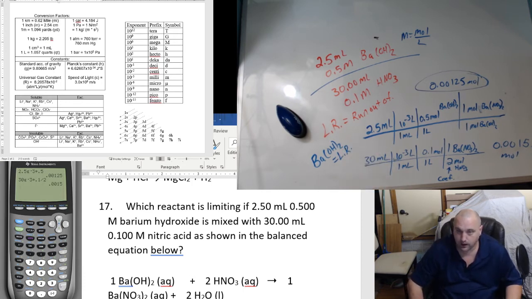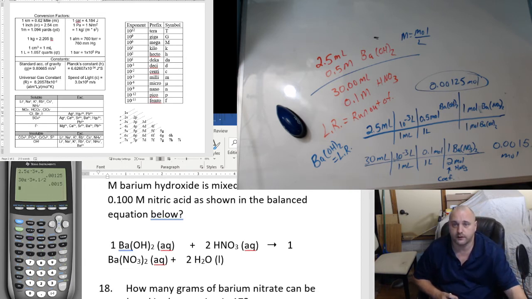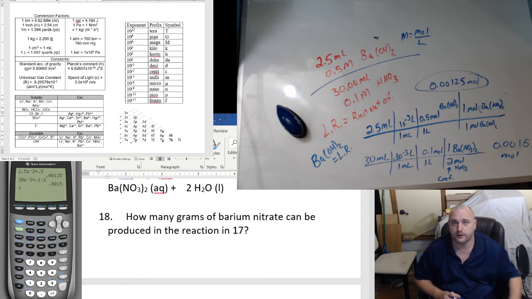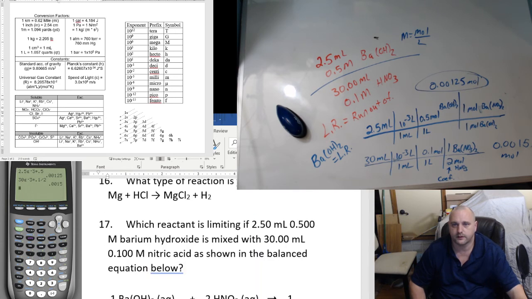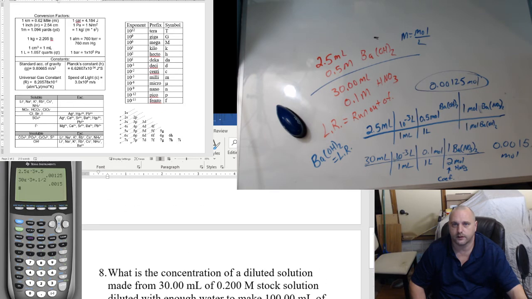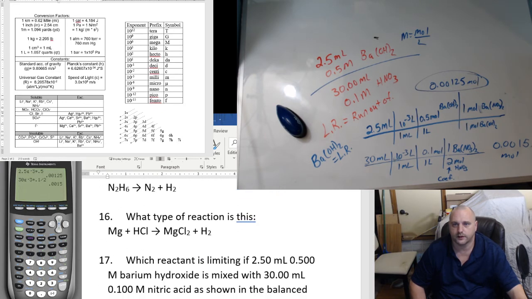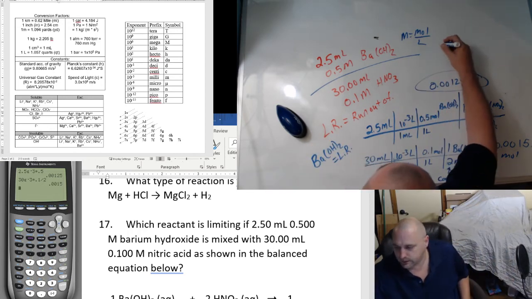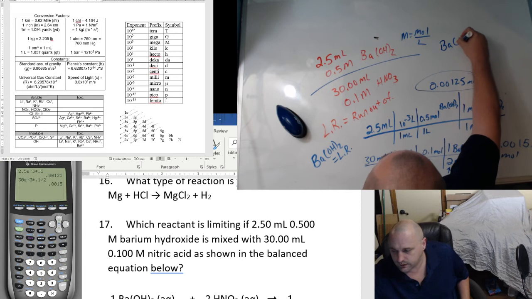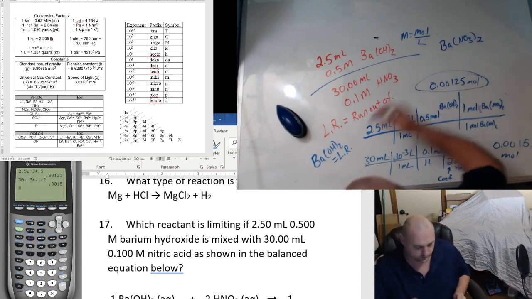Okay. So scroll down here. It says, how many grams of barium nitrate can you make in that? Barium nitrate. Wait a minute, did we do the molar mass of that earlier? No. Maybe we did it way up early. Well, we'll just do it again. So we're going from this amount, and it's Ba(NO3)2.